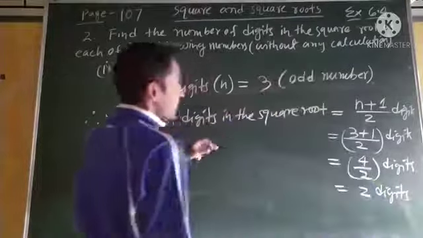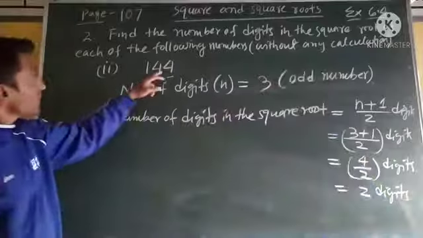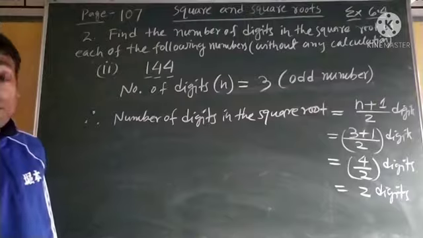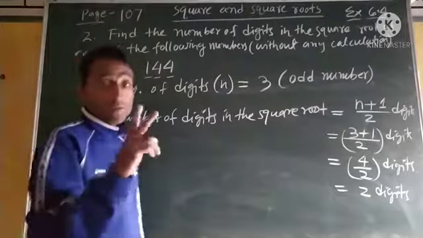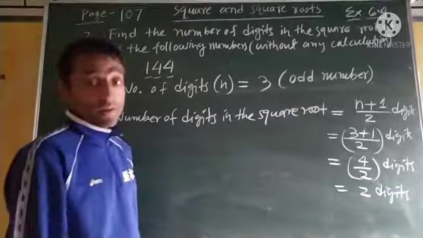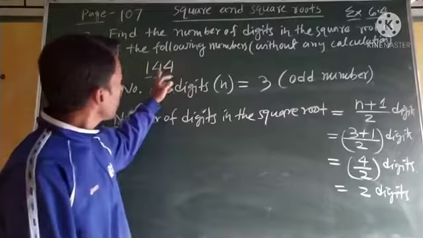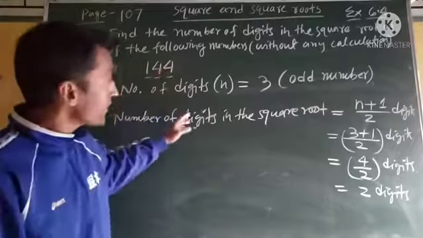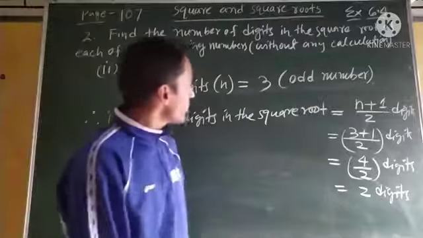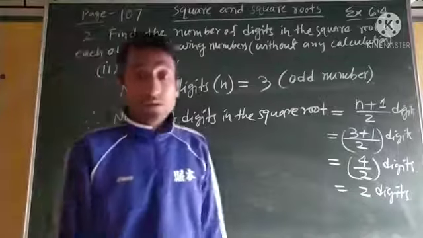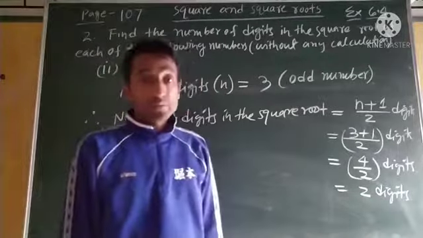That means in the square root of 144, you will have 2 digits. We know the square root of 144 is 12. 2 digits, 12, 1 and 2, 2 digits, isn't it? So without calculating, without finding the square root of 144, you have to find in this way how many digits are there in this number. So now we will go to the next question.